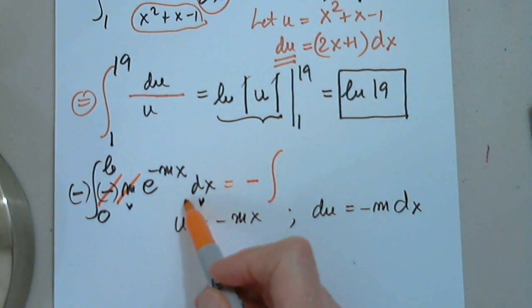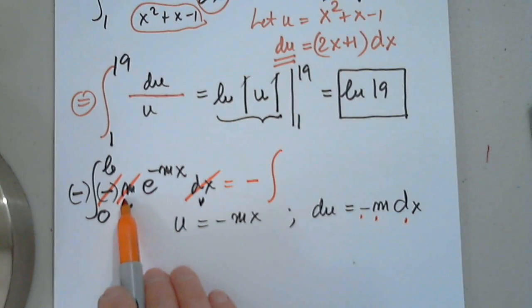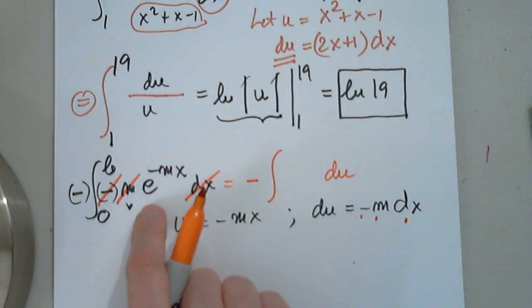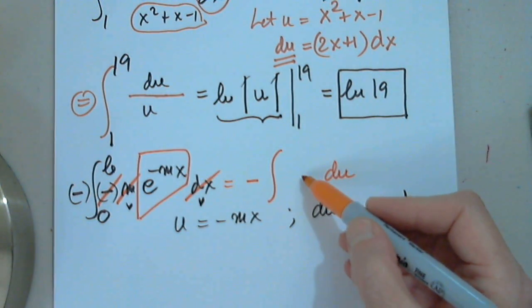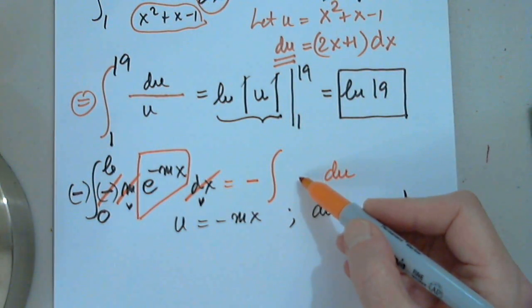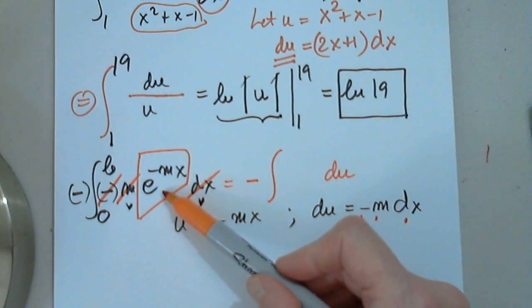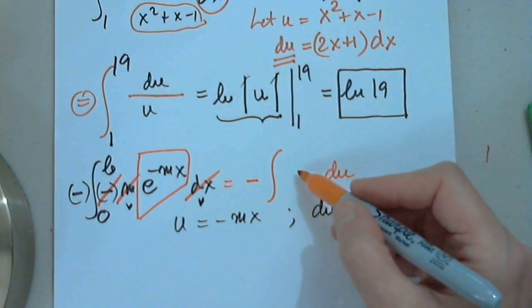This and this and this, 1, 2, 3, 1, 2, 3 is in du. What do I do with this? It will be just e to the u.